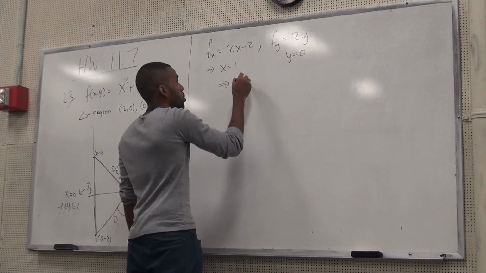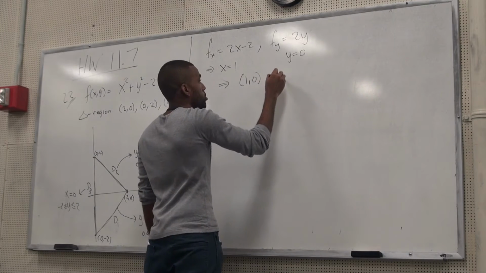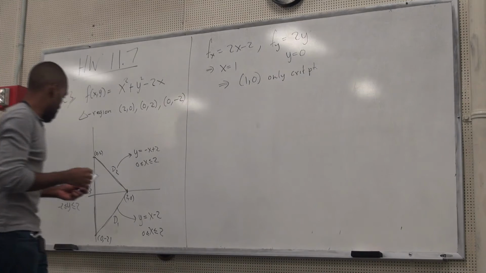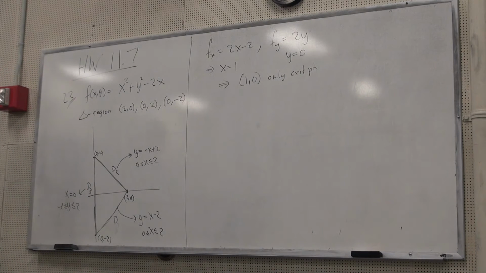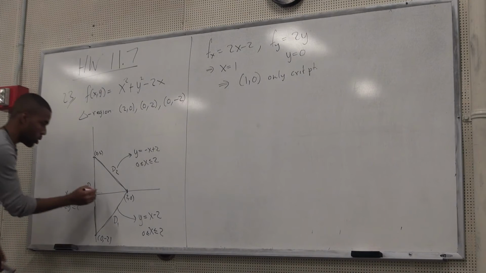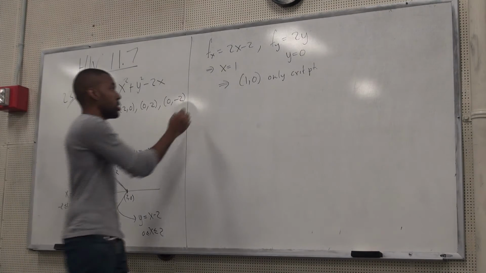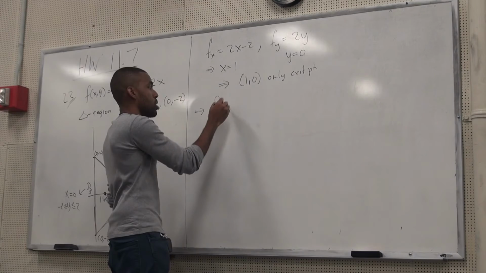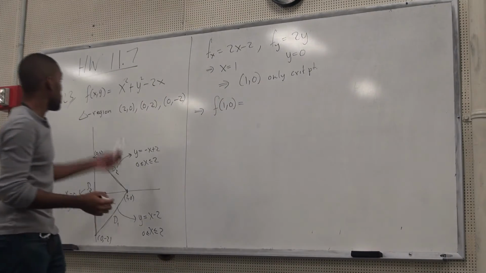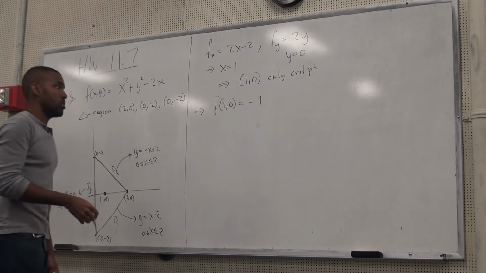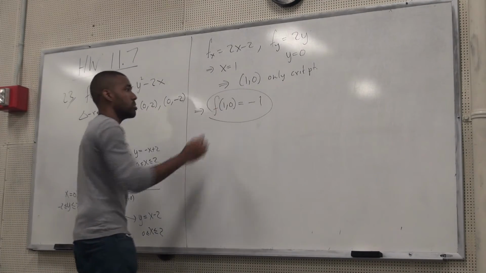This means (1, 0) is the only critical point. Is (1, 0) in this region? Yes. So (1, 0) is right here, so it's important for me to know the value of the function at this point. So I'm going to find f of (1, 0). I'm going to plug it into this function, and that is what, minus 1? Yeah. Right, so that's a value that I need to know.